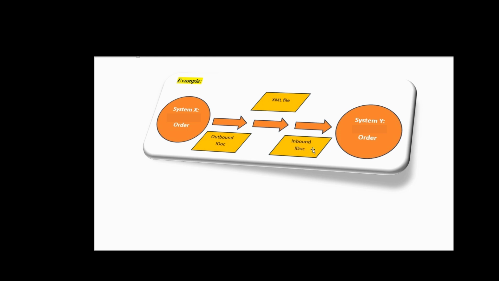Based on the inbound IDoc in system Y, a certain document will be created. This can be a PO, sales order, inbound delivery, and so on. So simply, this IDoc is used to exchange data between two systems or applications.